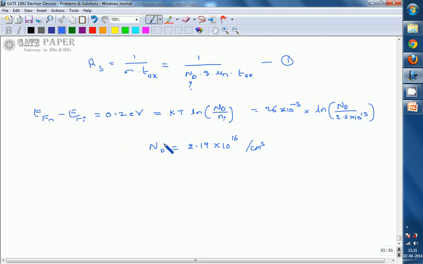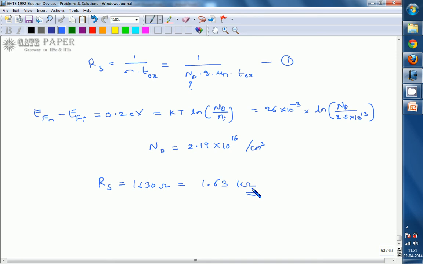Next, substitute this Nd value in Rs. The sheet resistance can be calculated as 1630 ohms, which is 1.63 kilo ohms. This is the required sheet resistance.